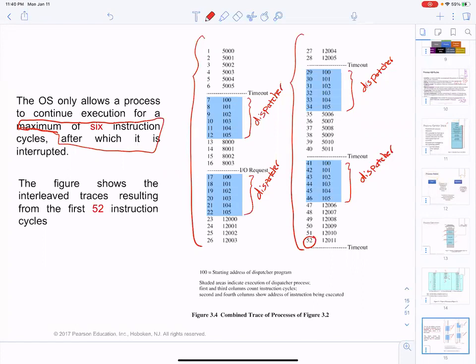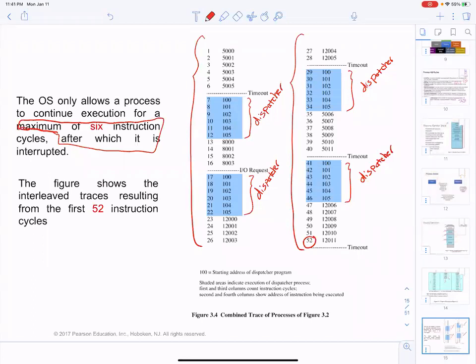We would like to monitor the behavior of the processes when there is a need for switching between them. So after 6 instructions, this is just an example. It's not mandatory that after 6 instructions we will interrupt the process. No, it's just an assumption made.